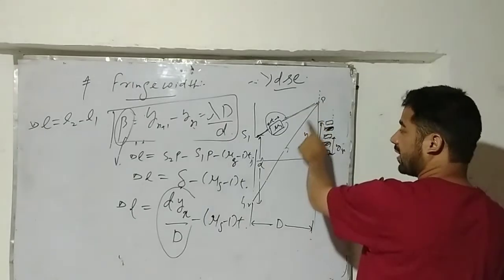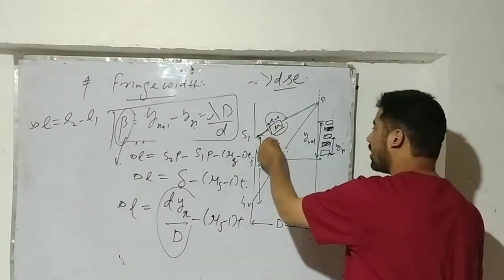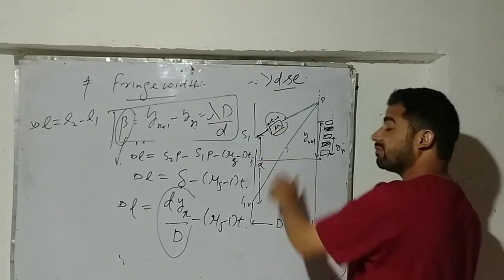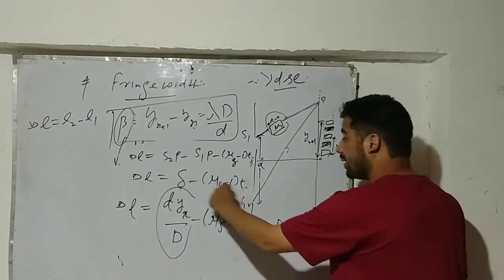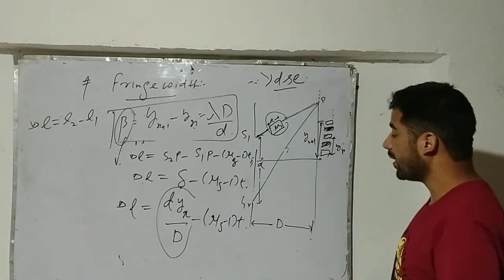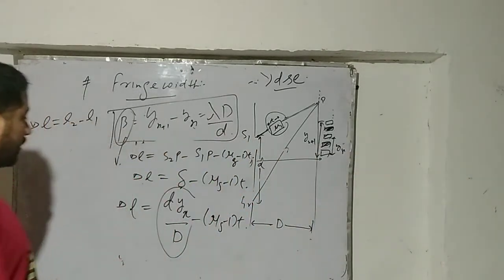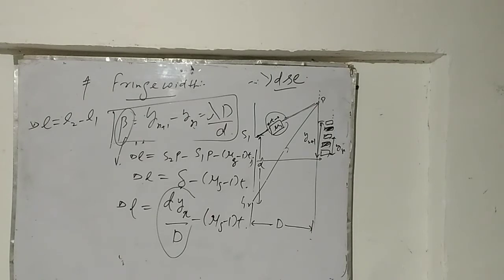The position of the fringe in the case without the slab is different from the case with the slab, and it is shifted by this much. So if I try to analyze what will happen to the fringe width, how can I calculate it?